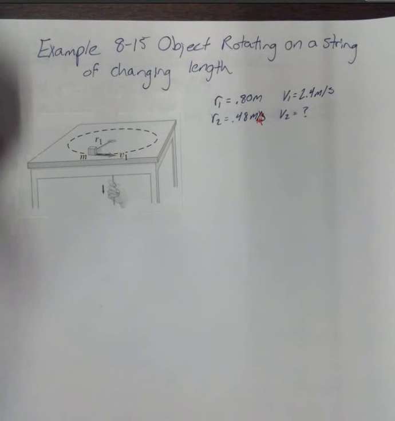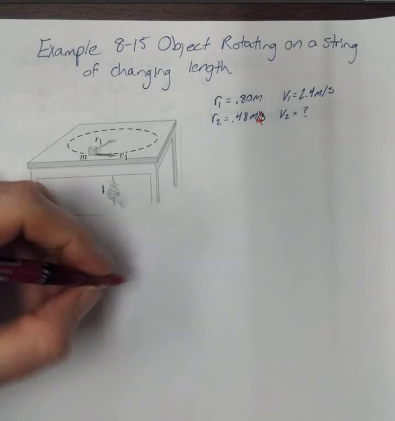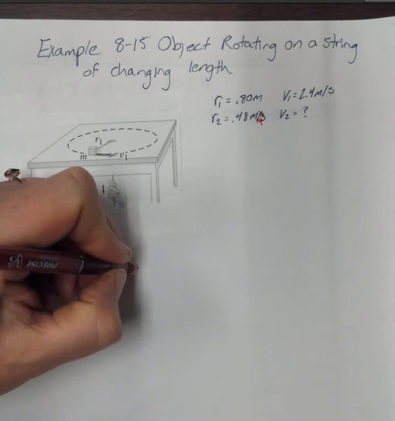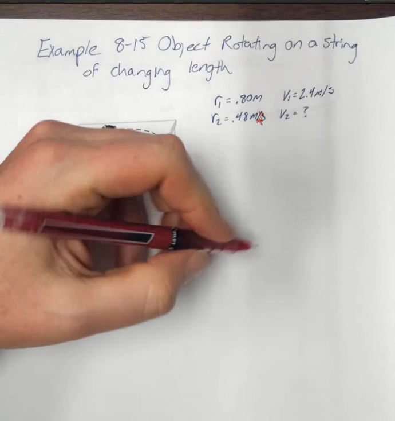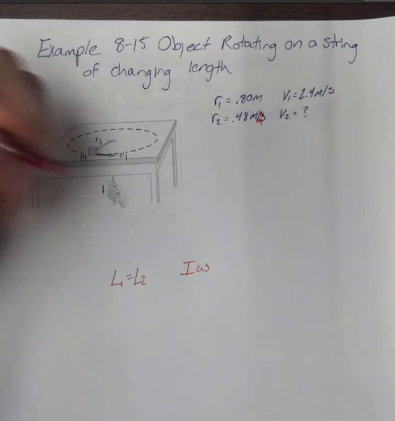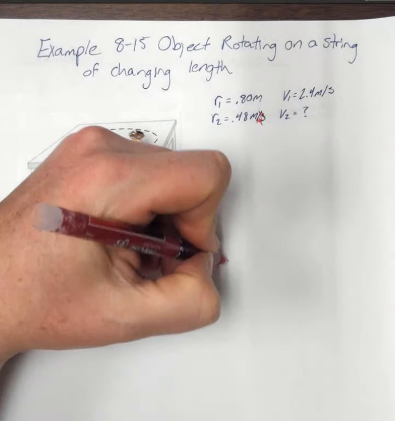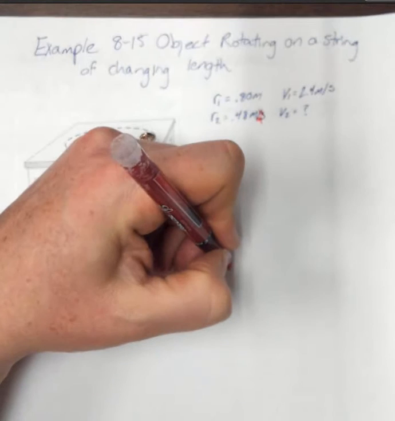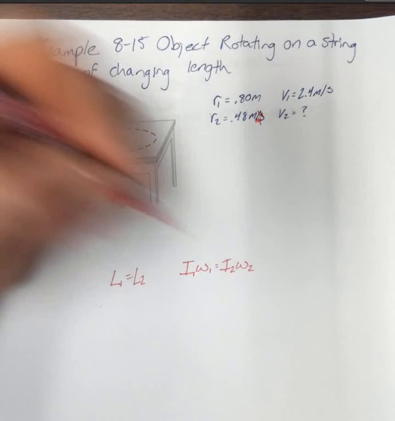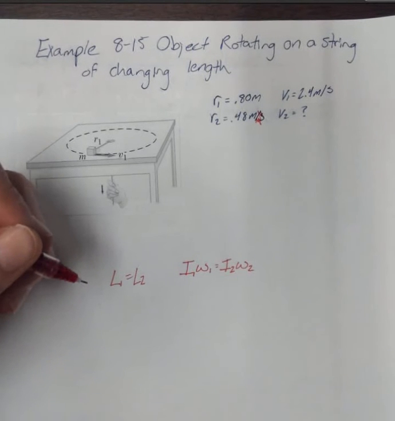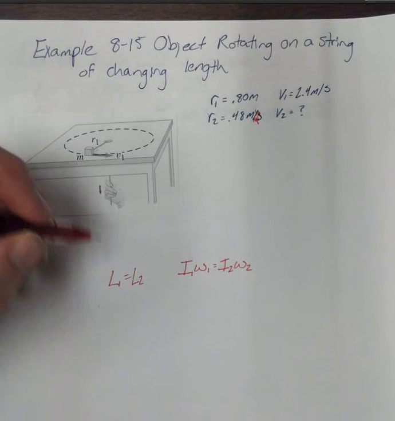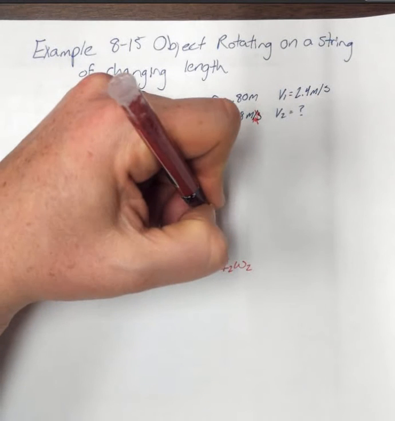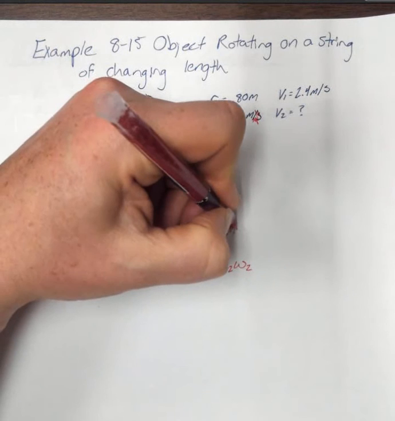So we can actually use the conservation of angular momentum to solve this problem. We know that L1 equals L2, so the initial moment of inertia times the rotational velocity will equal the final moment of inertia times the final velocity. And since this one object is a one-point object, we can treat it like a point-like mass, so the moment of inertia is going to be equal to mr squared.